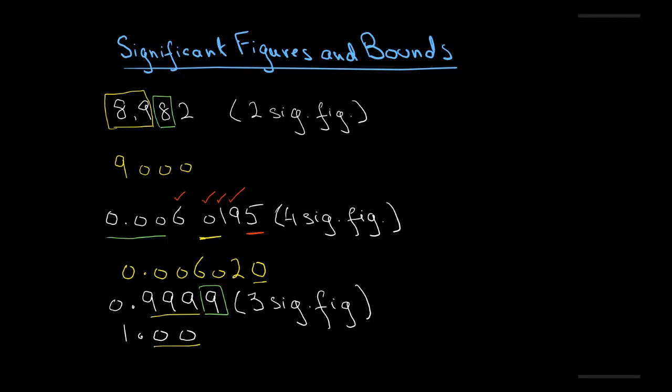Okay, so now what I want to do is very quickly talk about some bounds, and let's think about how we want to think about bounds. So if you have a number like 14.5, okay? So what was the actual value, if I want to think about it to two decimal places?